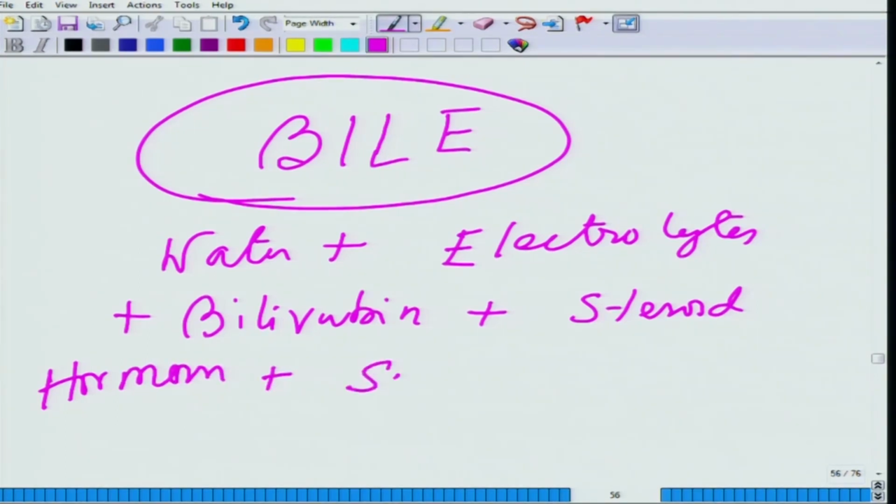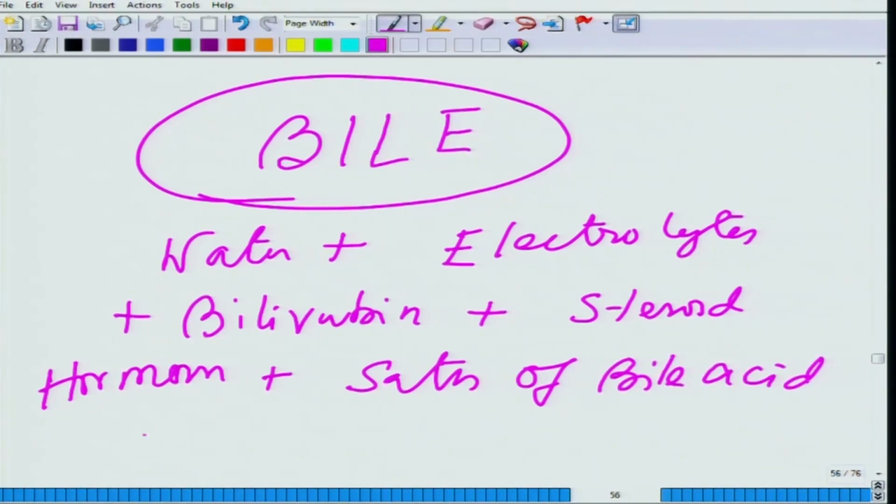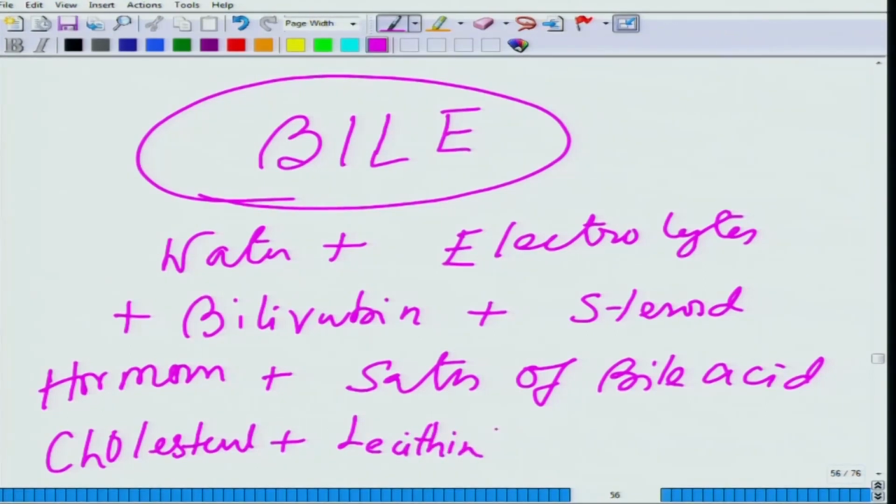it has salts of bile acid, it has cholesterol, it has lecithin, it has phosphatidylcholine, and likewise.